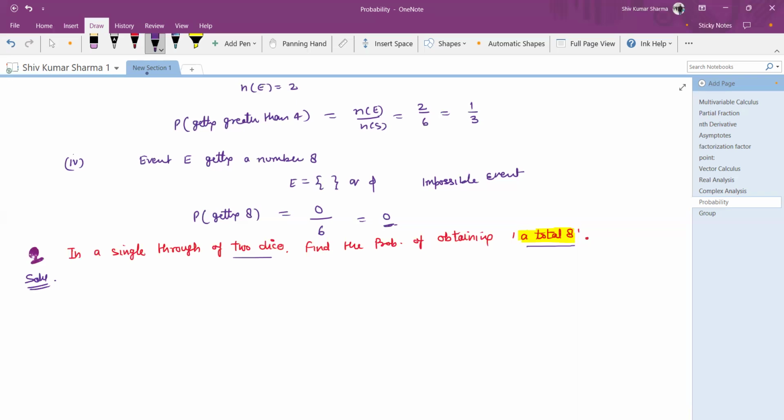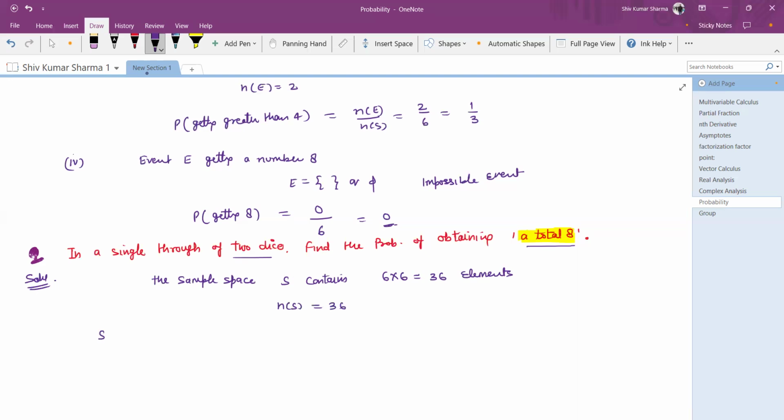So now, a single throw of two dice. So the sample space S contains 6 into 6 equal to 36 elements. So NS equal to 36 elements.